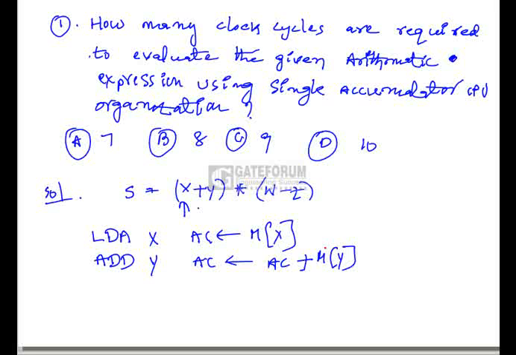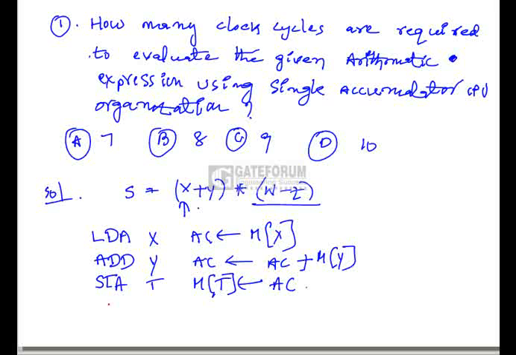We have to perform w minus z. For performing w minus z, we have to vacate the AC. Let us say the AC will be stored in some temporary location of memory by using the STA instruction. STA T, where T is the temporary location. So M of T receives the AC value now. Now M of T, the content of memory at address T, is the AC value, that is x plus y.